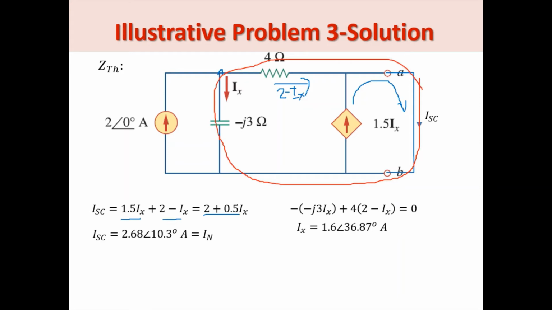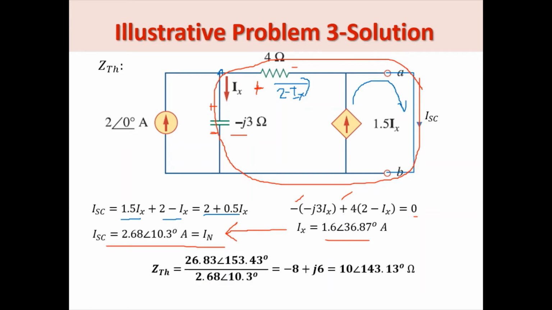Starting here, this is the plus, this is the minus. Here, this is the plus, this is the minus. So that would be minus j3 IX plus 4 times the current 2 minus IX equals 0. Solving for I sub X, we get this value. We apply that here, and we get I sub SC, and therefore I sub N.